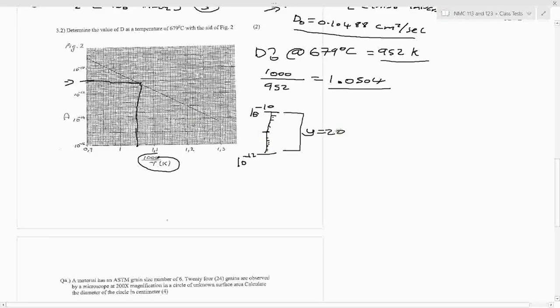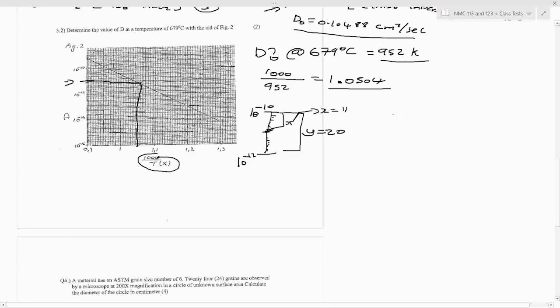You would get 20 calibrations, and the calibrations from 10 to the minus 10 to where the reading is, your X value here, let me just write it down here, is 11.